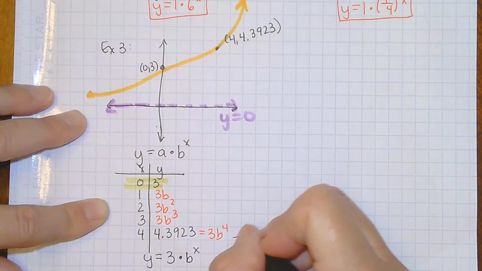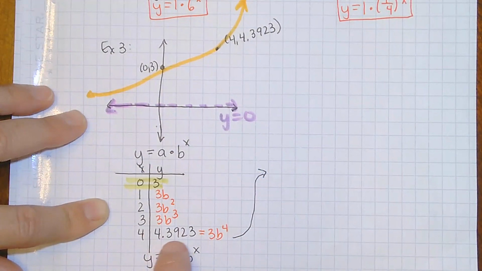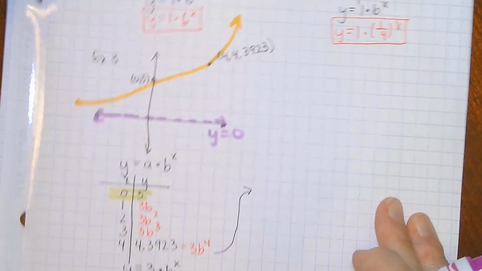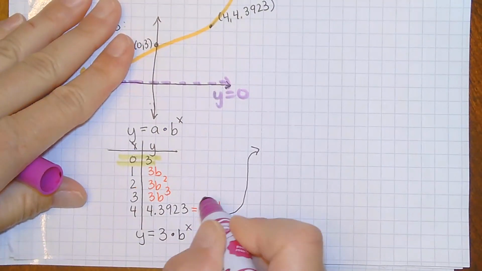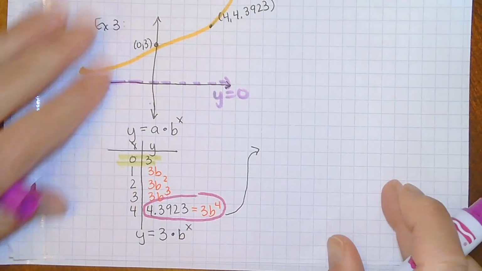So now I am going to write an equation. This is going to be the equation I'm going to solve. So let me just circle that. So this right here is going to be the equation I'm going to be solving.